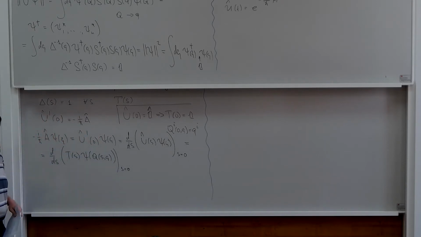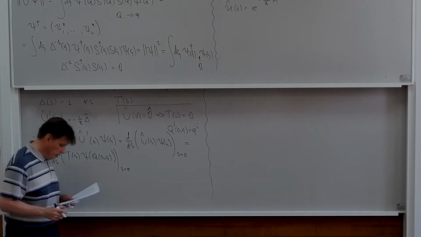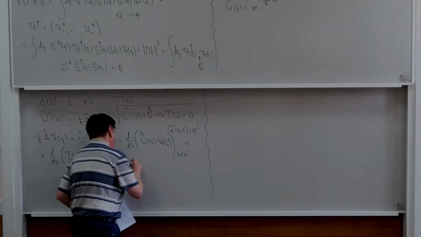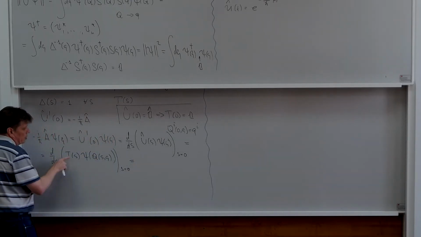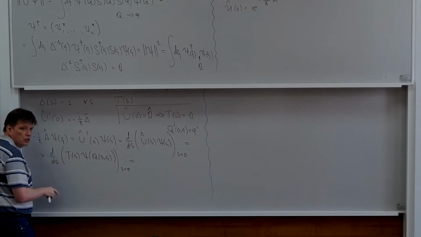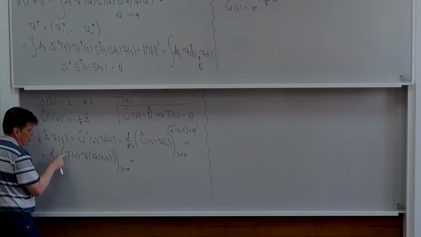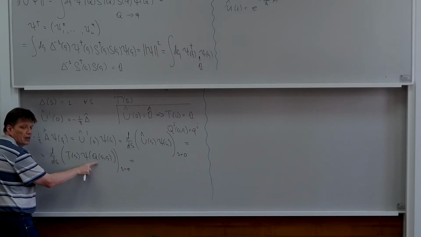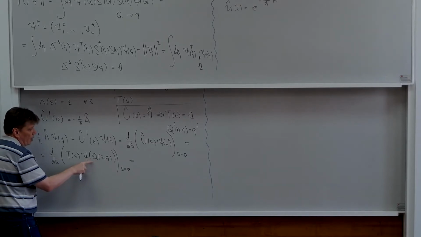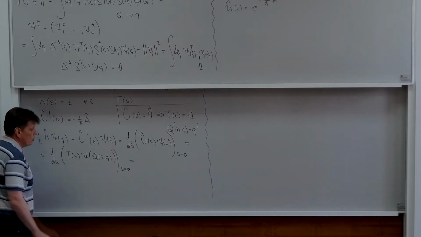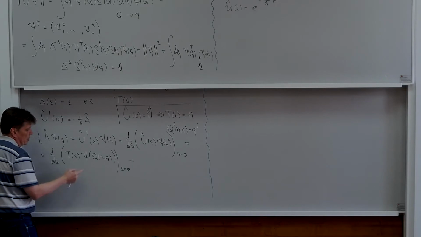Do you agree? Okay. And now I differentiate this expression by the Leibniz rule. So the first time the derivative hits this matrix T, and then the wave function psi is a composite function, so I get the sum of two terms.